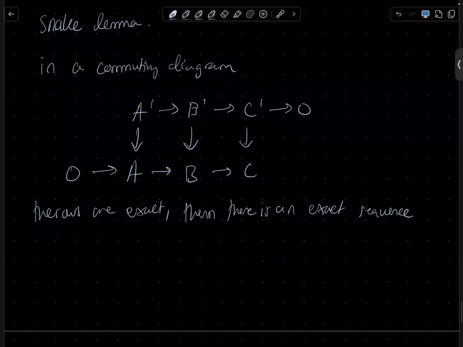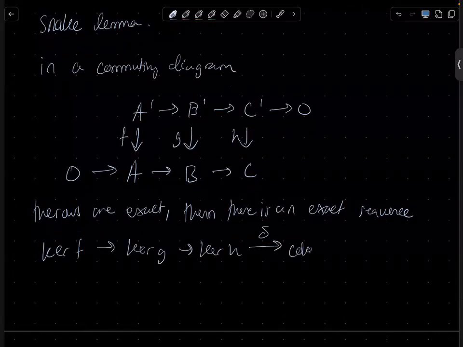Okay, so I should label the maps some more. So this one is F, this one is G, this one is H. Let's say, and then it starts from kernel F to kernel of G, then kernel H. So far, this is okay. But then there's this weird delta map here that we need to talk about.